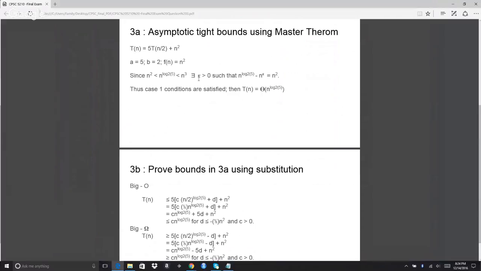So there does exist an epsilon greater than 0 such that n to the log base 2 of 5 minus epsilon is equal to n squared. Thus, this satisfies condition 1 of the master theorem, which leads T(n) to be equal to theta of n^(log 2 5).